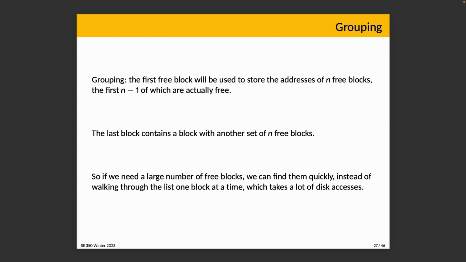So the first free block will actually be used to show the address of n free blocks, the first n minus 1 of which are actually free. So what we're looking at here is kind of like an index, but for the unallocated blocks. And when we want to find free blocks, we can get them in large chunks, and we don't have to do a lot of disk accesses to get them.